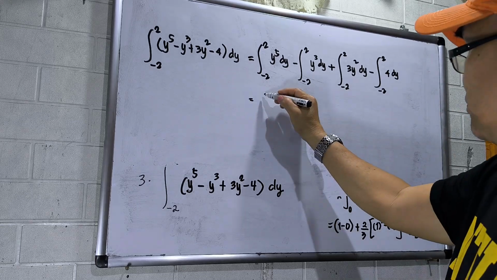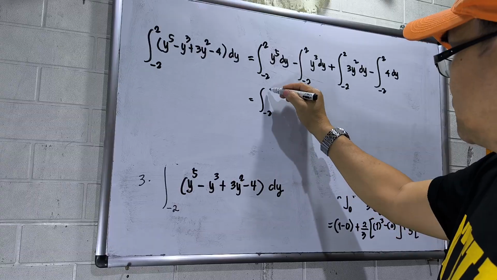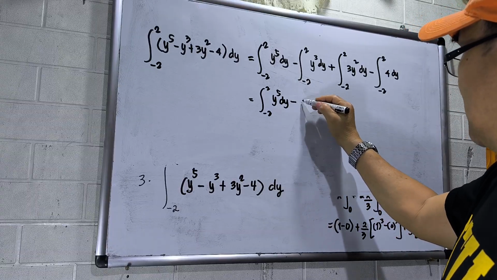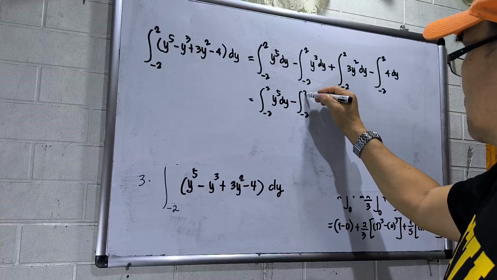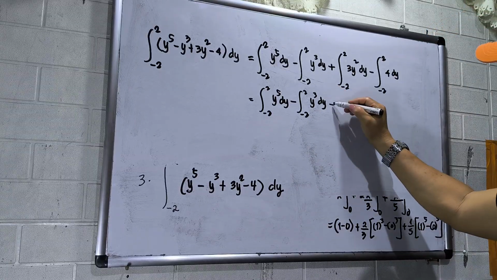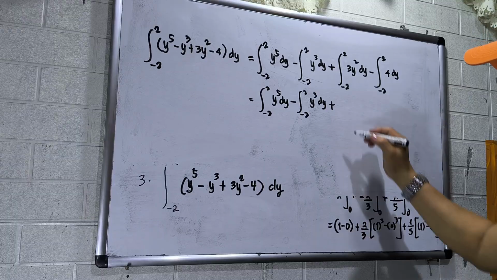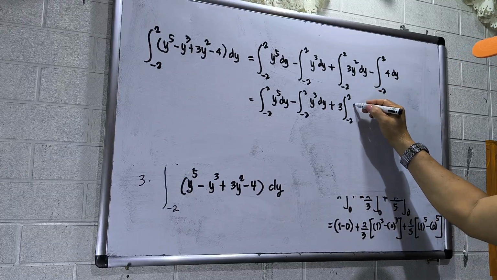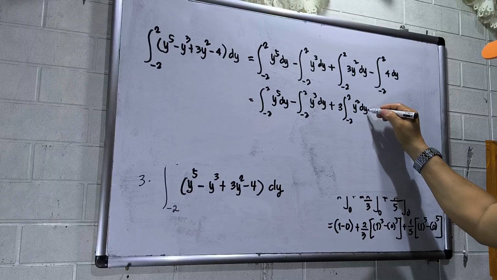Okay, simplify. Integral of negative 2 to 2, this will be y to the fifth dy. Then minus integral negative 2 to 2, y cubed dy. Then outside of the integration symbol, because this is a constant, 3 times the integral from negative 2 to 2 of y squared dy.